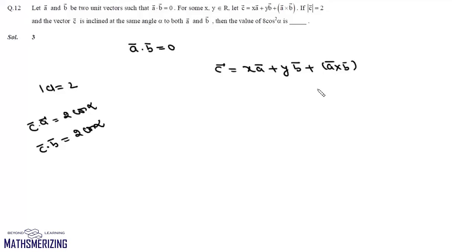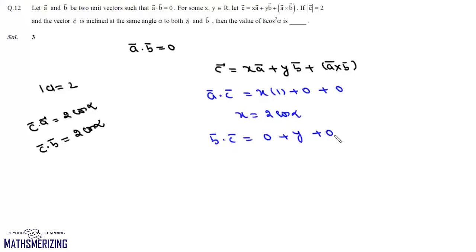Now first we'll find the value of X and Y. If we take dot product with A, we write A dot C, and this is X times A dot A, and A dot A is 1, A dot B is 0, and A dot A cross B is 0. So the value of X is A dot C, which is 2 cos alpha. Now we'll take dot product with B. We'll get B dot C equal to Y, since B dot A is 0, B dot B is 1, and B dot A cross B is also 0.